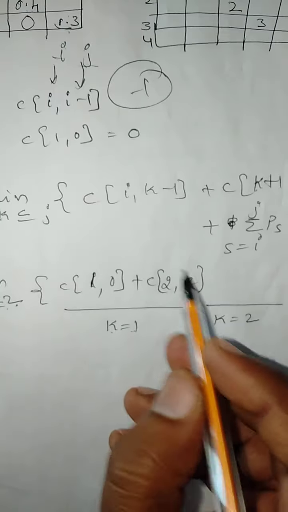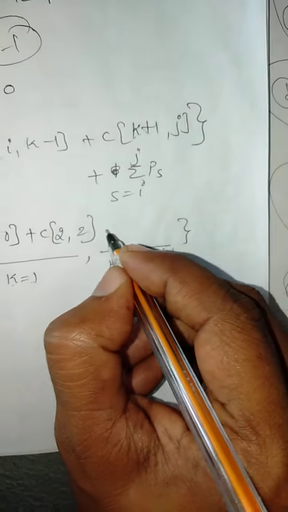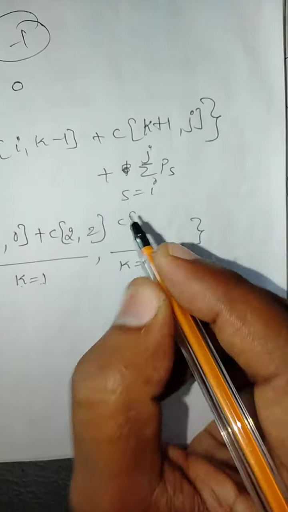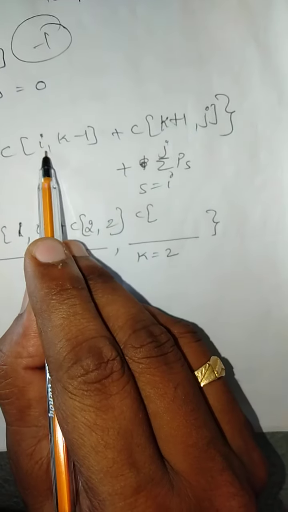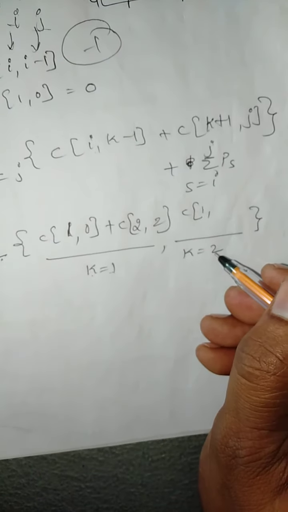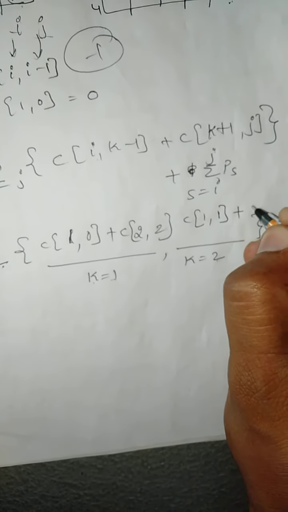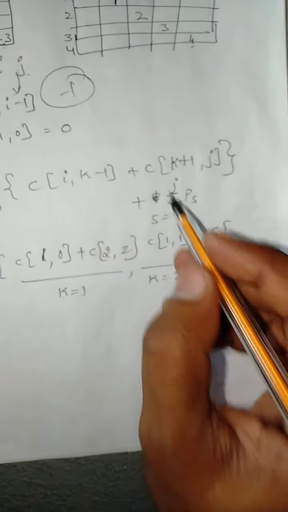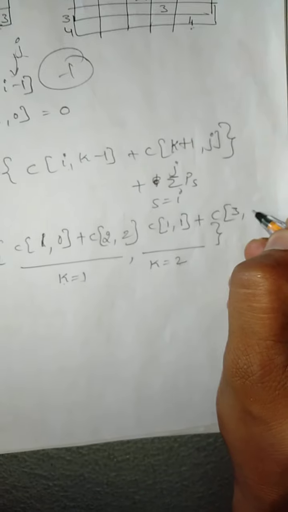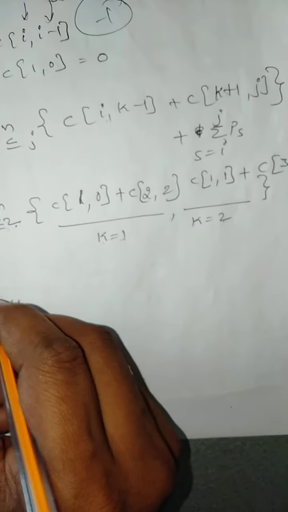So this is one combination, and another combination for k value 2 is C of i is 1 comma k minus 1, that is 1, so C of 1 1, plus C of k plus 1, that is 3 comma j is 2. So this is the minimum.